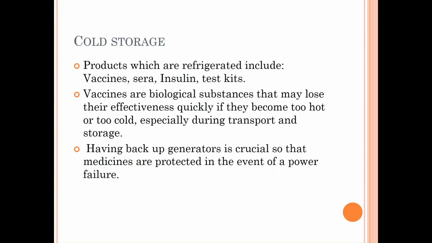So vaccines are biological substances that may lose their effectiveness quickly if they become too hot or too cold, especially during transport and storage. So you find that before the vaccine reaches a final consumer, there are other factors that may affect its effectiveness. One is the transportation.